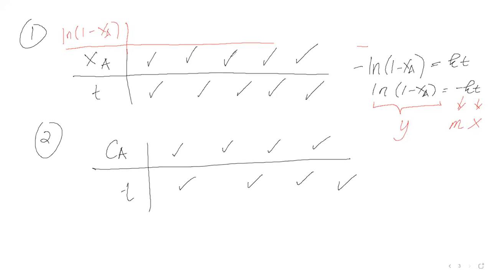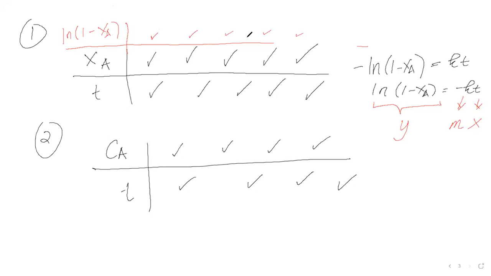The values that you have for XA here, you will use in the argument of the ln. So 1 minus that value of XA and then take the ln. You will have new values here. These new values you will plot against t, because that would now be your y and x.